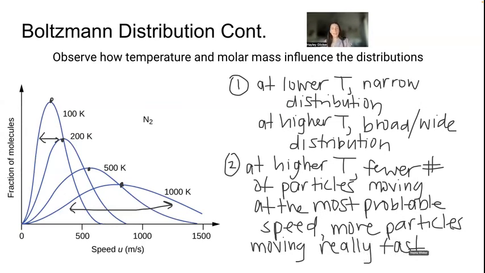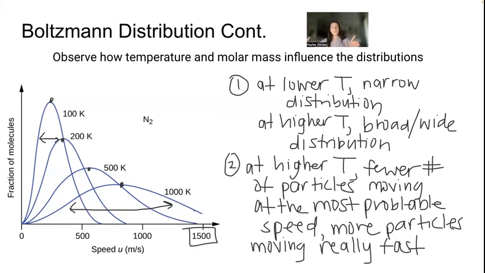Because we're at a higher temperature, that makes sense. At a higher temperature, there are going to be more molecules of N2 gas moving really, really quickly, as opposed to 100 Kelvin, where there are more particles moving at the most probable speed but fewer particles moving really fast.